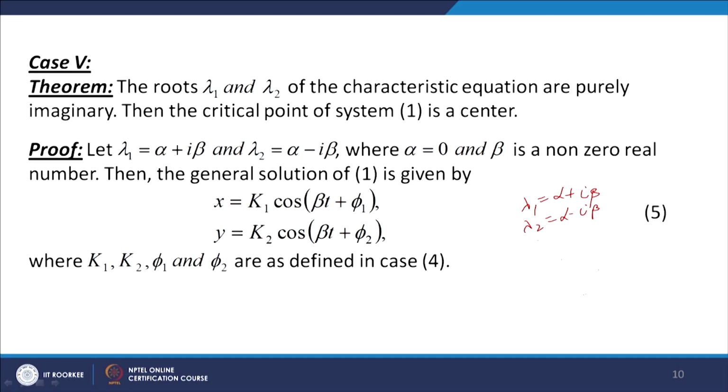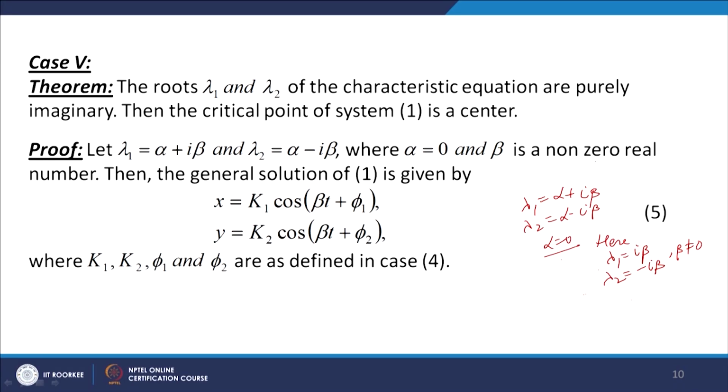So in this case 5, we will have alpha equal to 0, where alpha is 0 and beta is a non-zero real number.